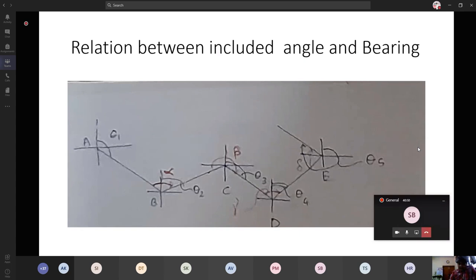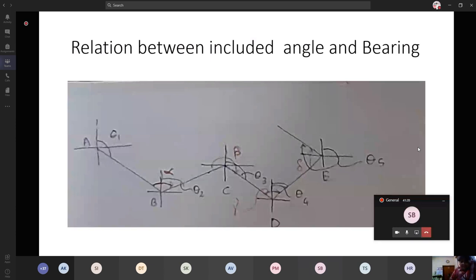The line BC with reference to the south is theta 1 plus alpha. You subtract 180, what do you get? So we get with reference to the north theta 2. Fine. Is that okay?